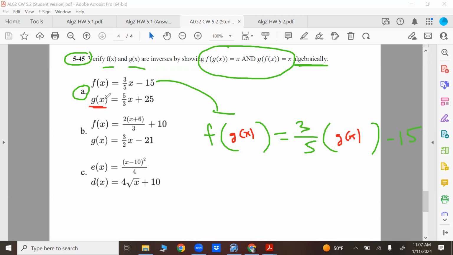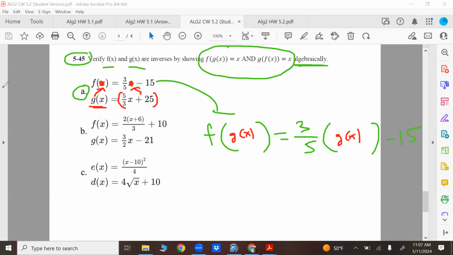So I'm replacing these x's with g. I'm replacing the x with g.